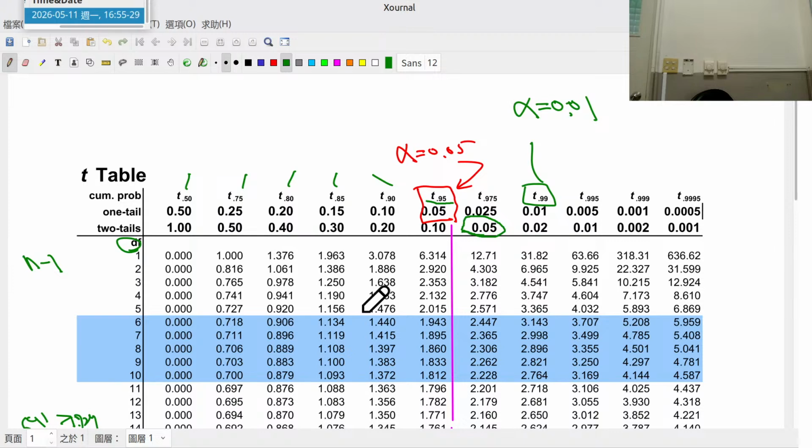And again, if we type the value here, for example, when the degrees of freedom is 6, you type 2.447 for degrees of freedom 6, and you will get the p-value 0.05. You can try it.